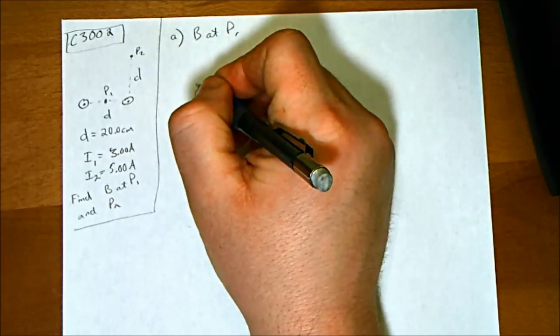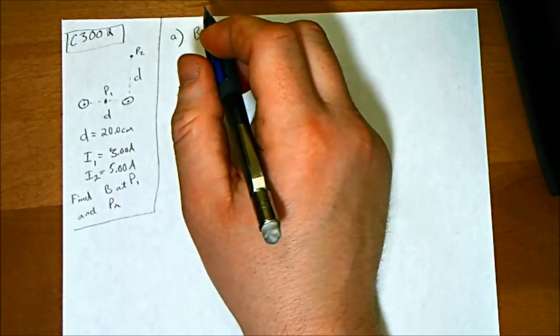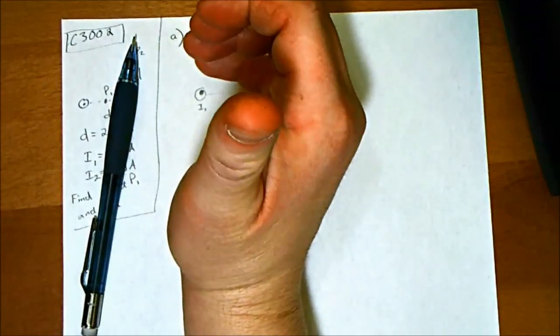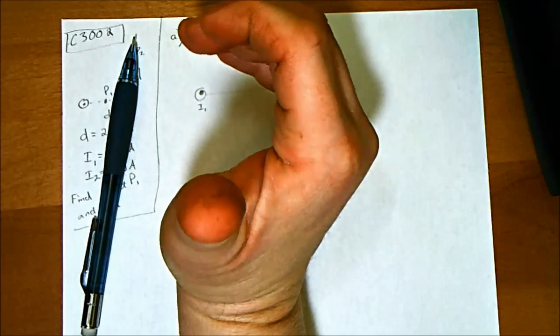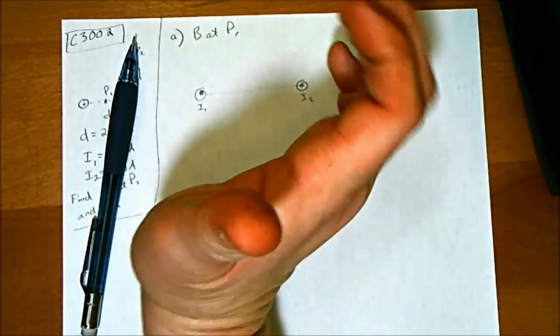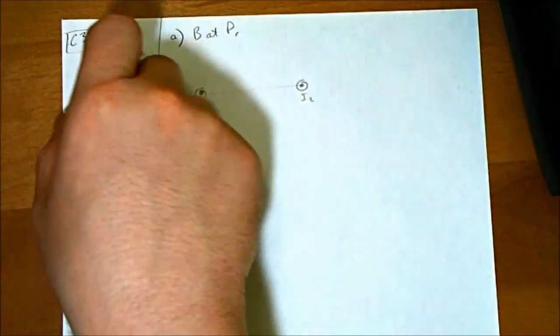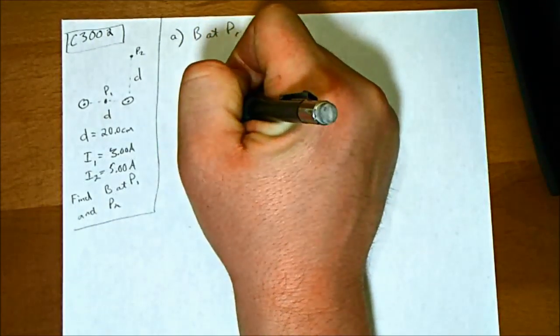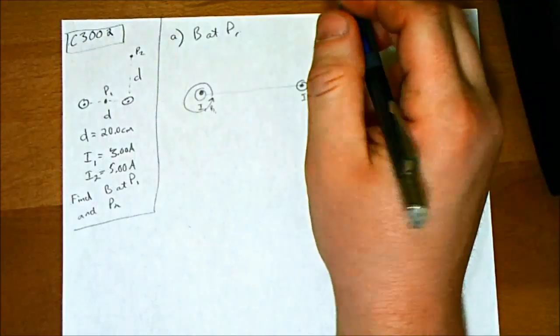Well, we know the field is going to circle around that wire. Which direction? Well, we only have two options. And since we're using a right-hand convention and the current is coming out of the page at you and your fingers are curling around in the direction of the field, the field must be going around in this direction. So B1 travels in that direction.